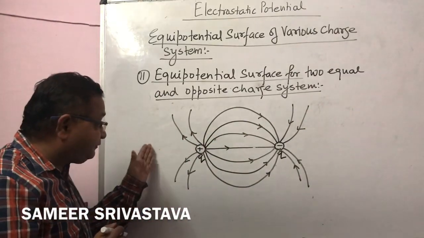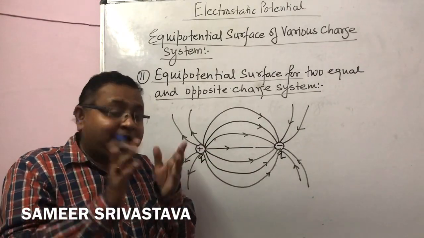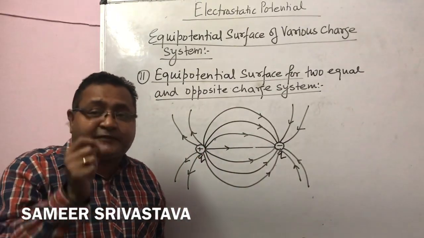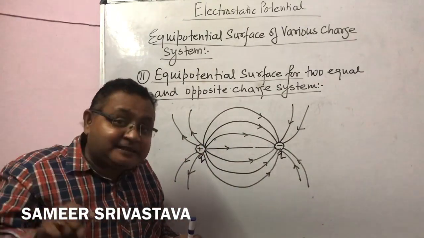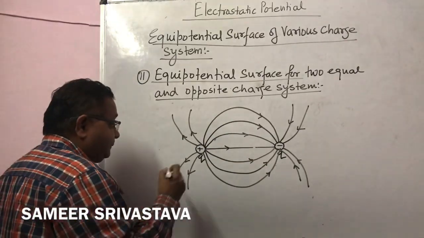So where the electric field is weak, the equipotential surfaces are farther apart, and where the electric field is strong, the equipotential surfaces are nearest. But the shape of the equipotential surface is a concentric circle design.